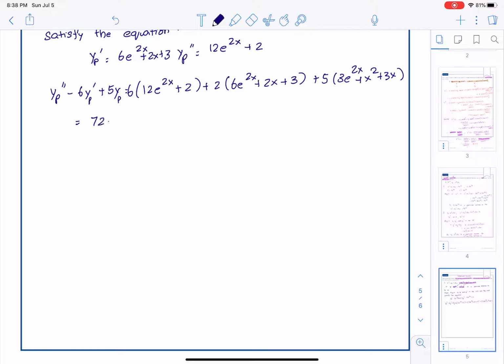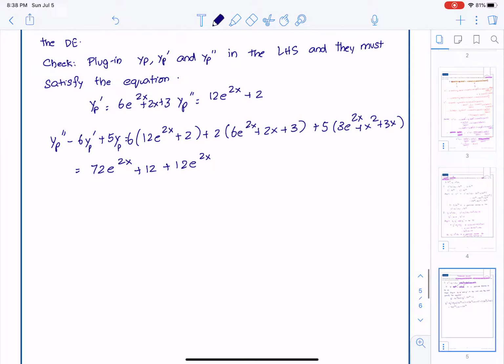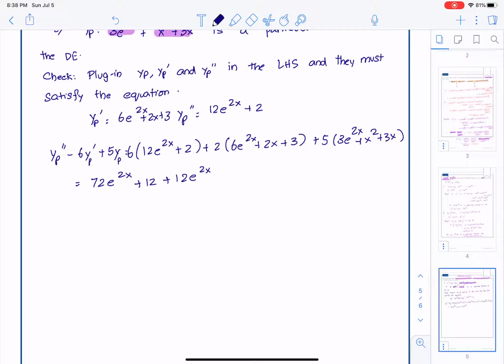So we have 12 e raised to x plus 2, minus 36 e raised to x, negative 12x, negative 18, plus 15 e raised to x, plus 5x squared, plus 15x.